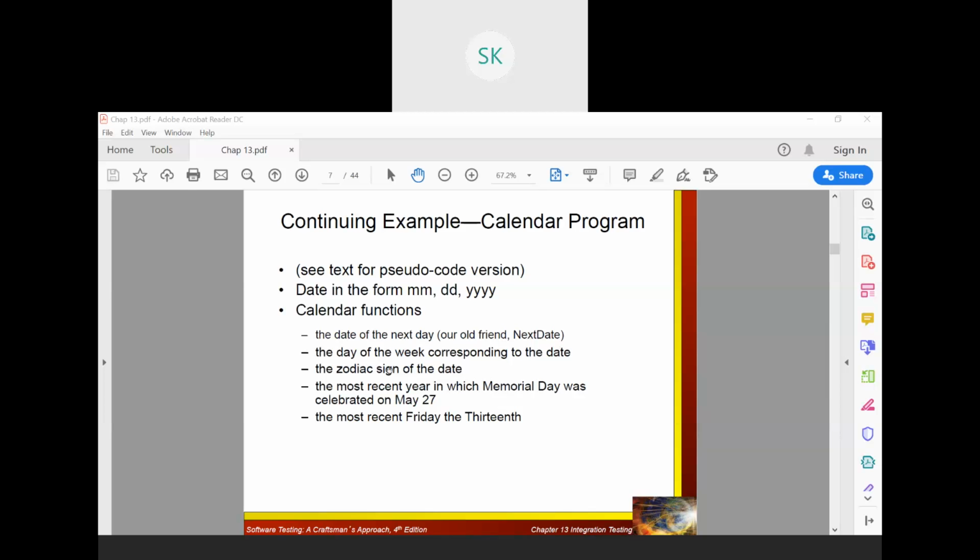Next one is the zodiac sign of the date. Whatever zodiac sign you have for that date, you need to retrieve it. For that, I need to write a pseudocode. No problem at all. Next one is the most recent year in which Memorial Day was celebrated on May 27th.